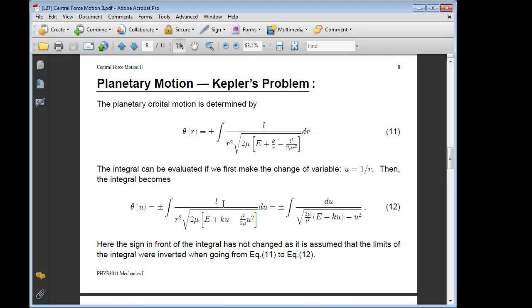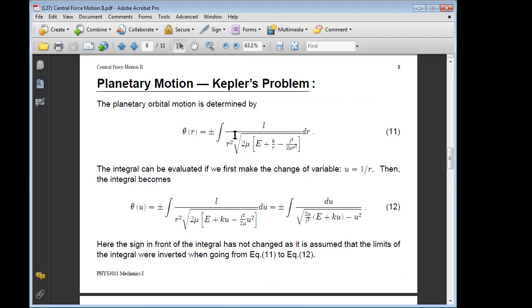Okay, so we try to figure out the orbit for the inverse square law. What we need to do is to evaluate this integral, as pointed out in our last lecture notes. We need to integrate this for the case n equal to -1.